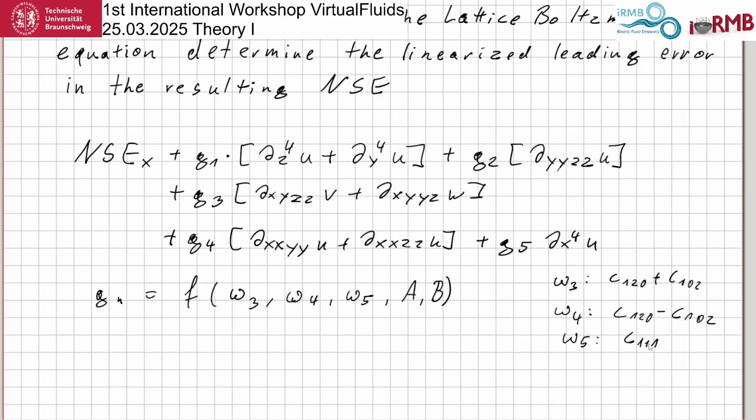Actually, physically speaking, this thing here, the difference between the two and this here can, by rotating by 45 degrees, be put onto each other. So physically, they should have the same relaxation rate. However, the lattice is anisotropic in itself.